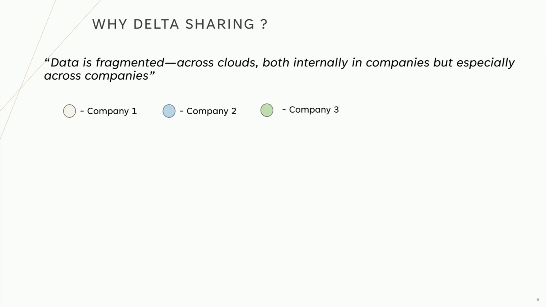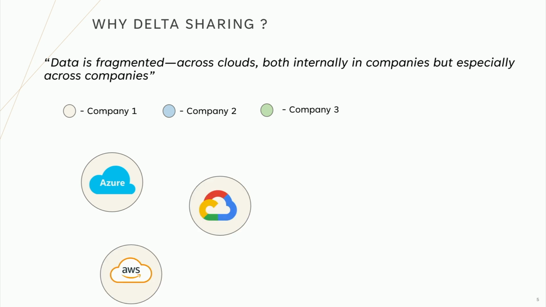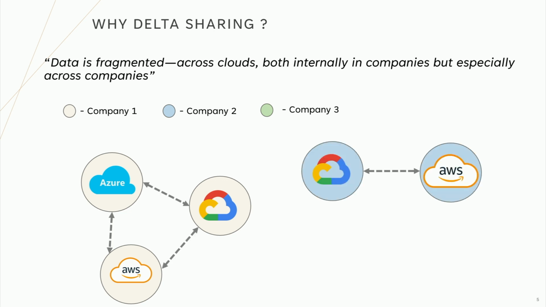You have the typical setup where a big company might run on all 3 clouds, so for them it's already a problem to share data with themselves. Company 2, a mid-sized company, may be running on 2 different clouds. And company 3 is a small one, so they don't have that many internal issues, but they do have issues sharing with their partners.